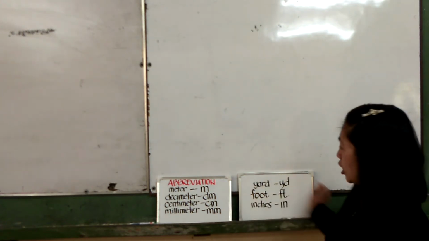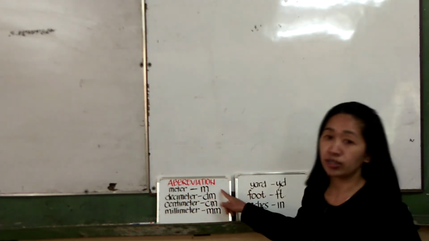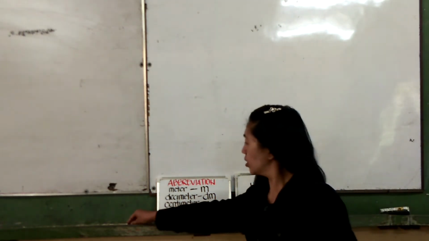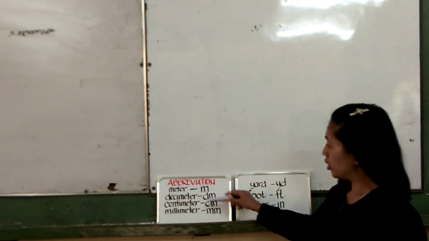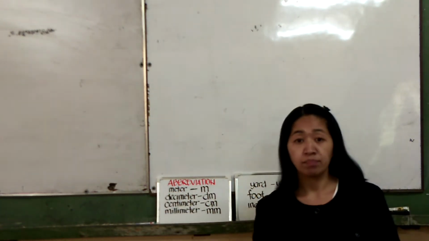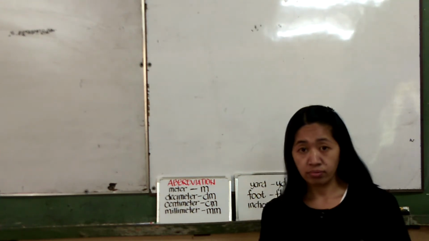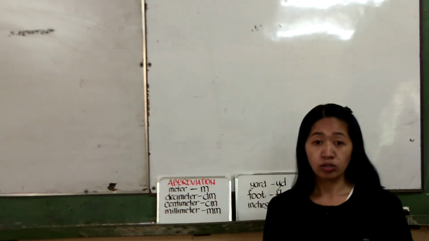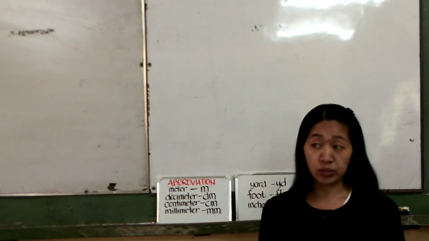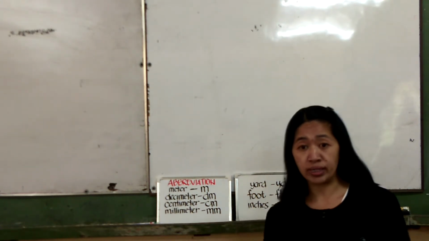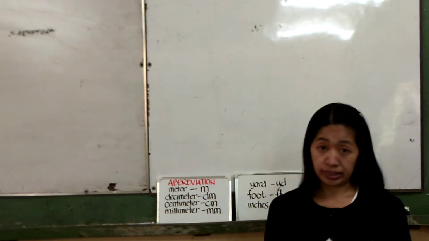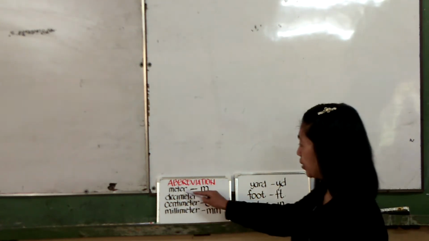So we have here the abbreviations. Let's start with your meter. When we say abbreviation, it is to shorten the words or the phrase so that you will not write the whole word in converting.